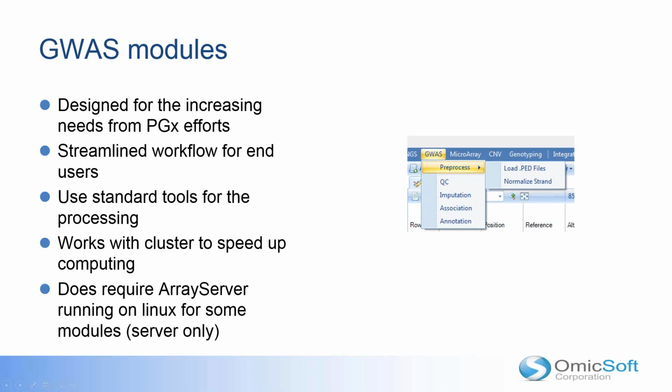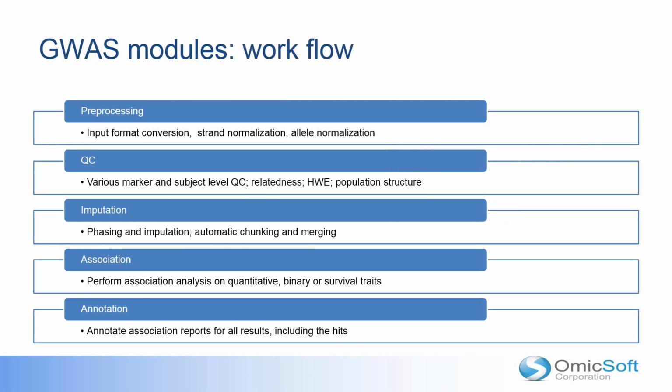But you get the idea that we are officially working in this GWAS area and will continue to improve the process. Because these modules are relatively newly designed, we have learned from the last 8 years how to write these modules in a way that works with clusters, but also makes it easy for end users.